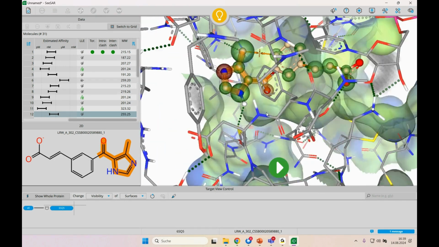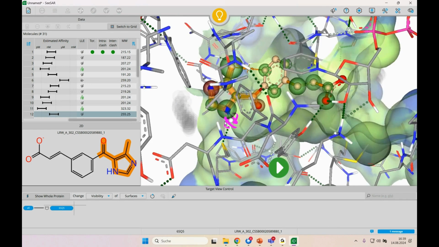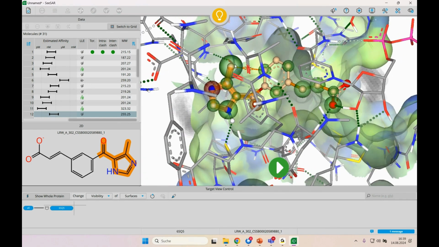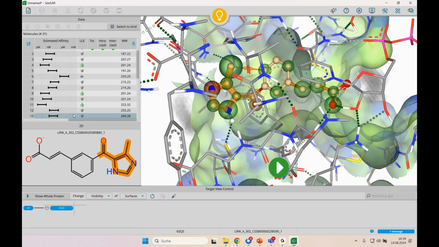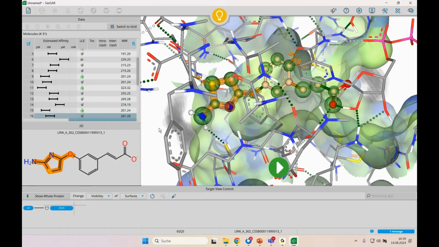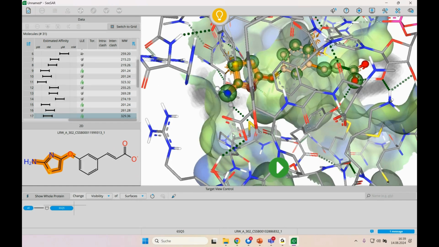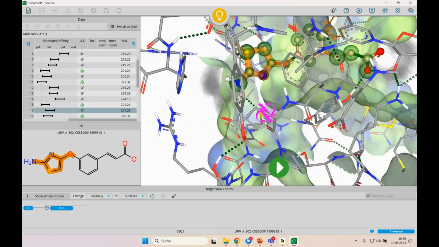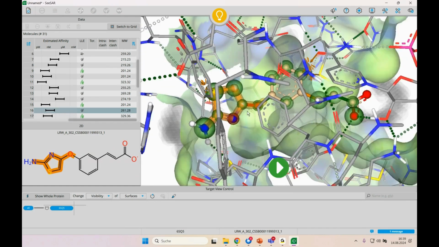So again, this is exactly what I was talking about, 5-membered ring system. In this case, it's even possible to introduce some things that are very nicely contributing to the overall binding affinity. Yeah, so all in all, this is exactly what I'm talking about. Introducing an additional linker. In this case, it's oxygen.